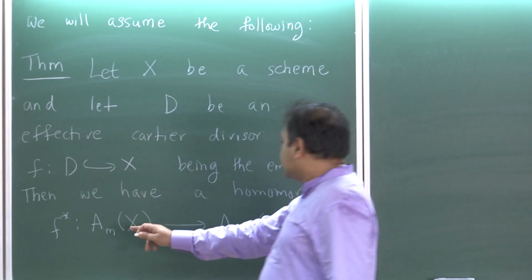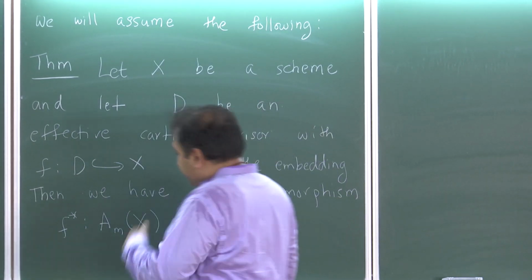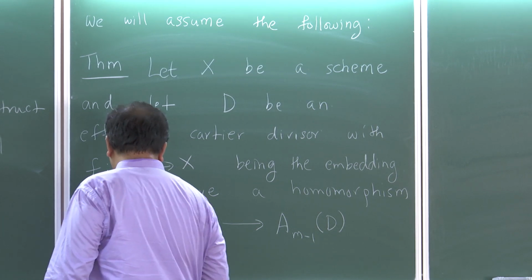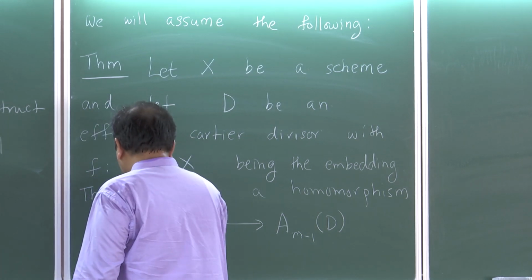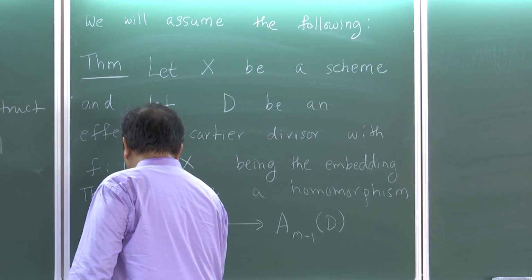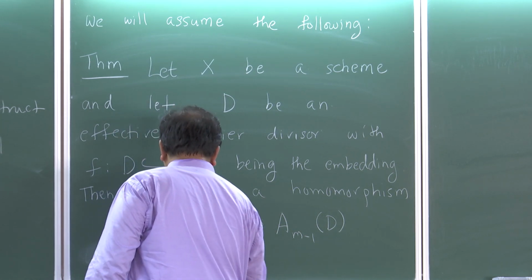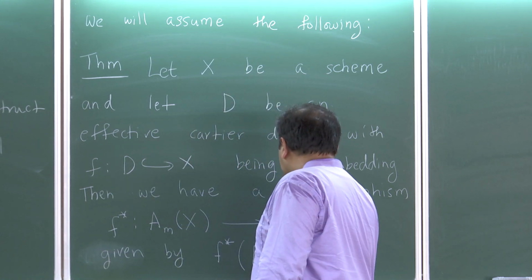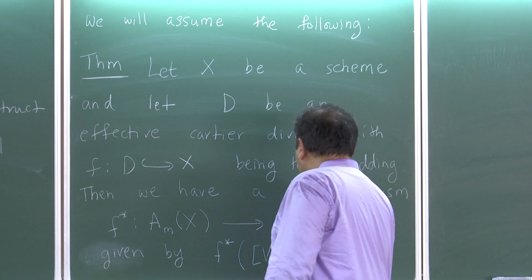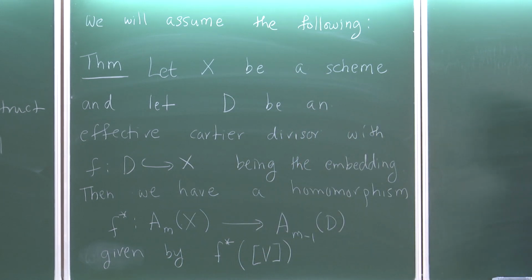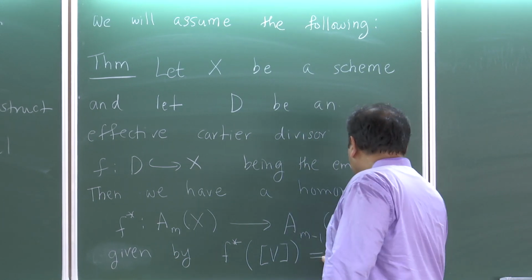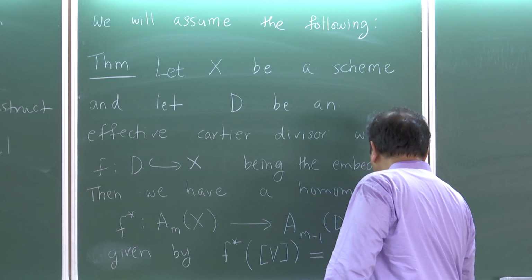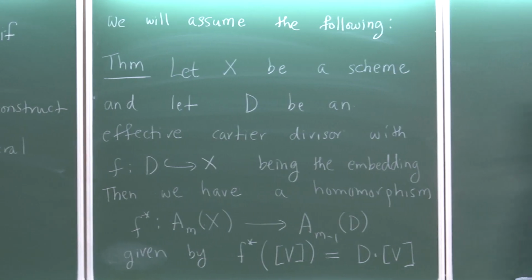So you have something like this, given by f upper star of V, where V is some m-dimensional subvariety, equal to D dot V. So this is what I will assume.